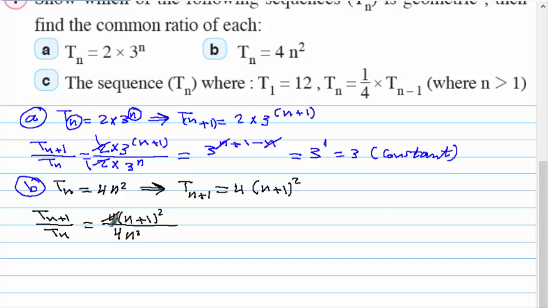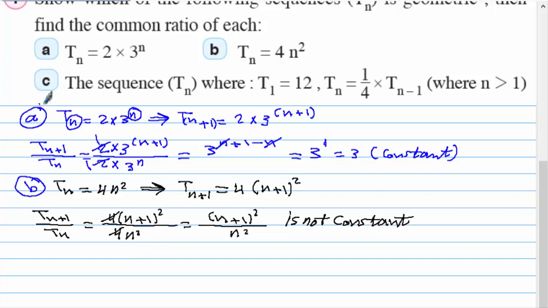Dividing up and down by 4, we get n plus 1 power 2 over n square. And this result is not constant. So this sequence is not a geometric sequence, and it does not have any common ratio.